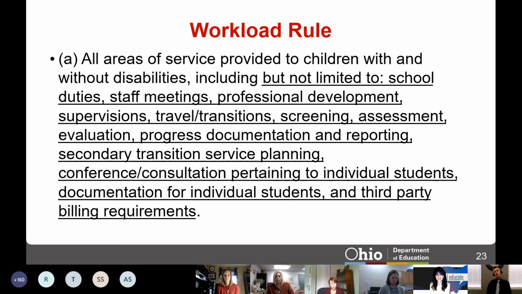And so what this does is it gives you a nice starting point for those different things that should be quantified when you're determining your workload, but it's not an exhaustive list. If there are things that are not on this list, it doesn't mean that the district doesn't consider those things. But this does give a nice comprehensive view of the different activities that a service provider could engage in.